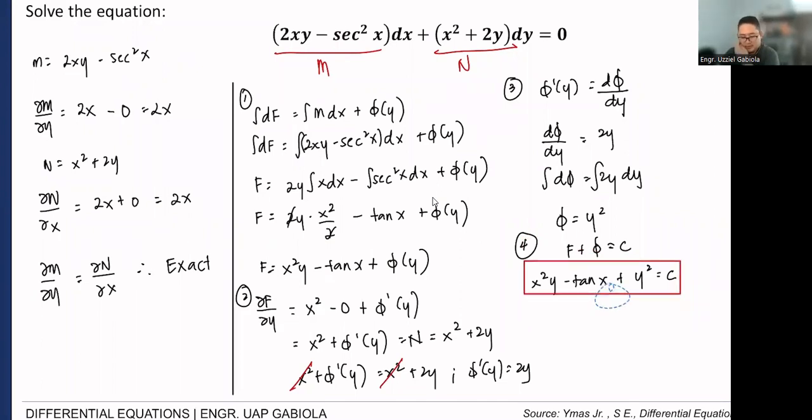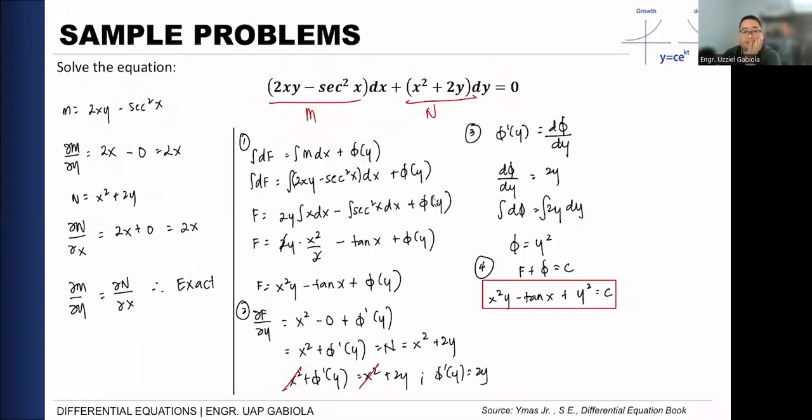Okay? Question po? Sir, saan po nanggaling yung x squared over? Ito? Alin yung question mo? Doon po sa may SM. Opo, yan. Come again?